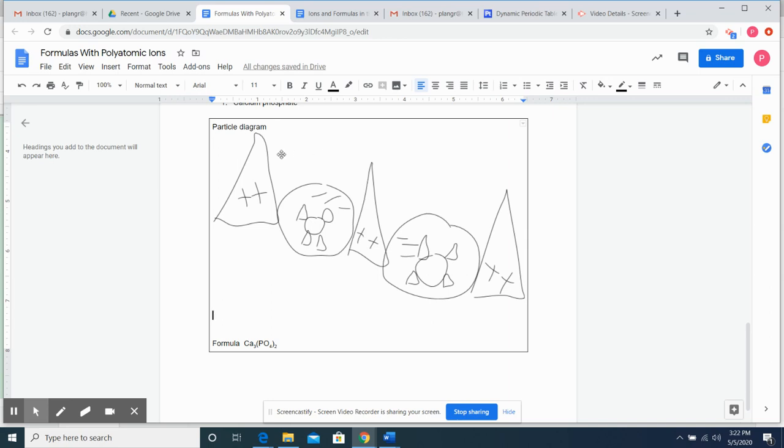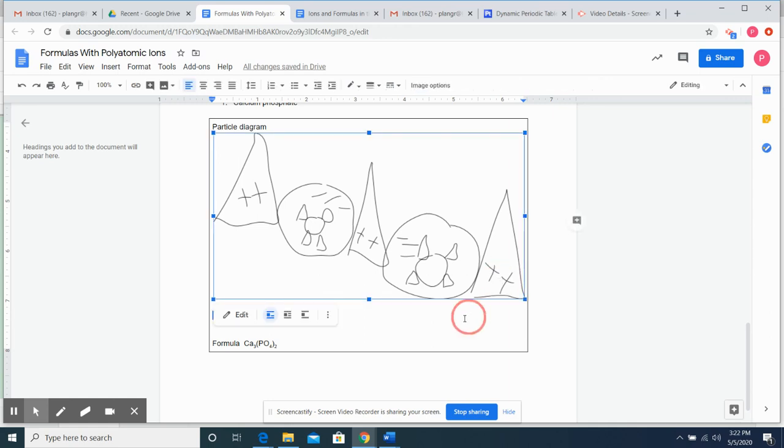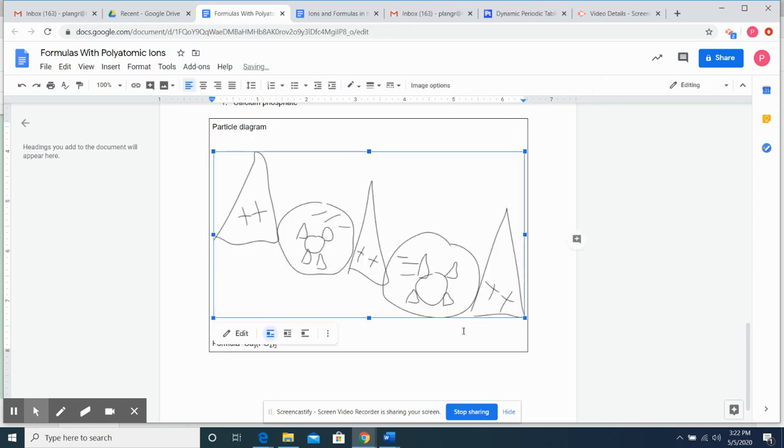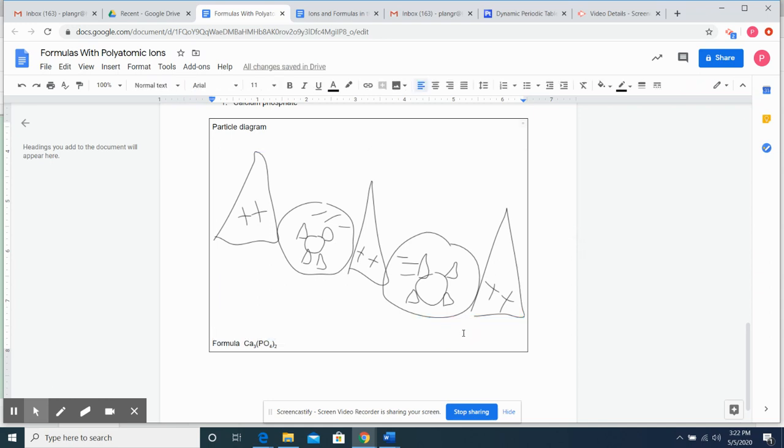And we ended up with a 4 positive charge and then the 3 negative charge. So we needed more negatives, and we added another phosphate to make some more negatives. And then we needed some more calciums to equal those out. And once we ended up with 6 positives and 6 negatives, then we were done. All right. And so we wrote our calcium phosphate.